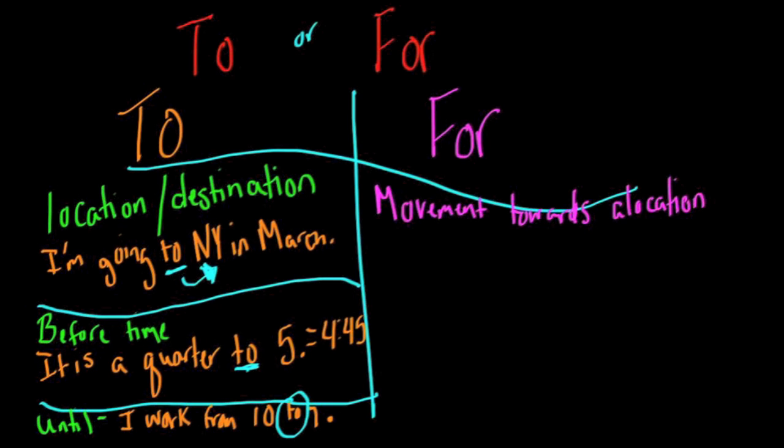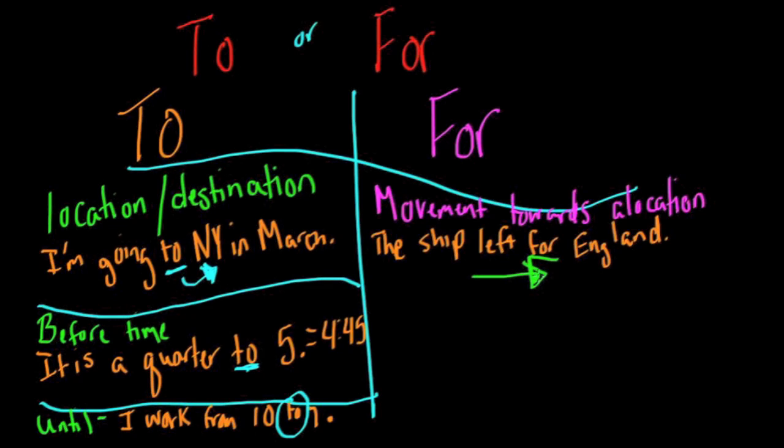For example, the ship left for England. So in this case, we use for to say that it's moving towards. It indicates some kind of movement towards England.